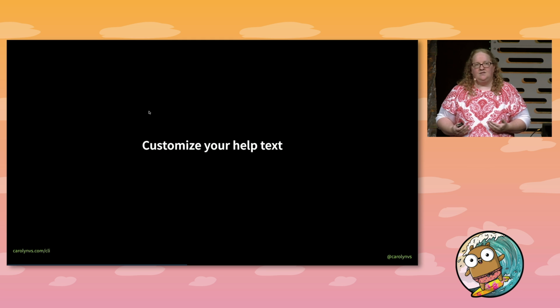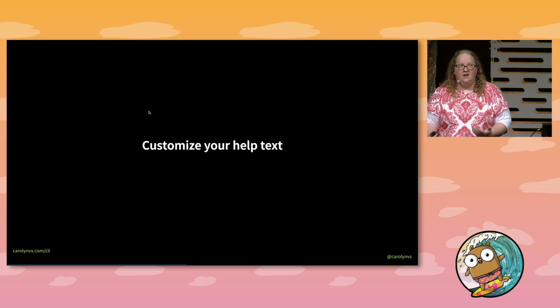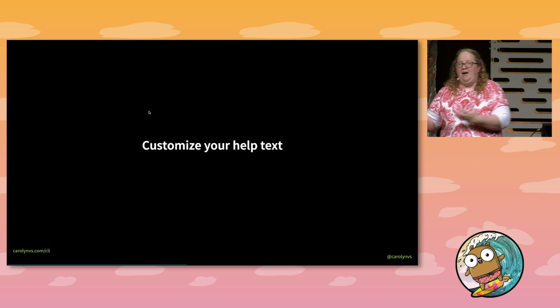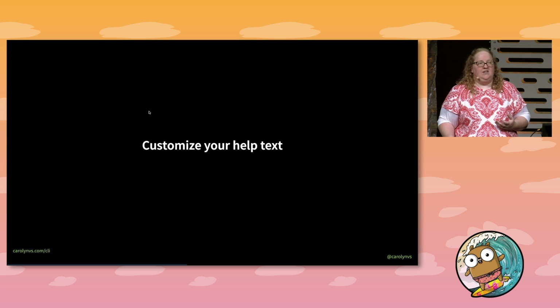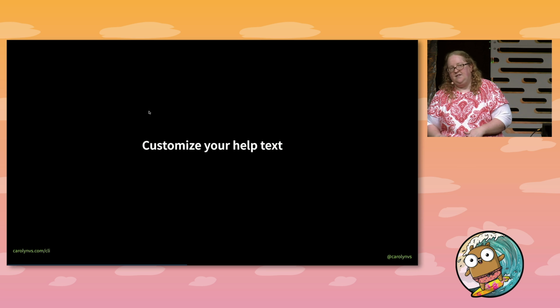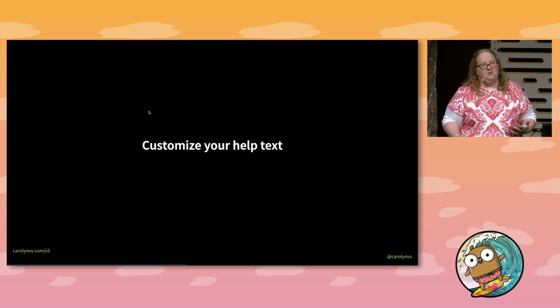How are you going to be successful? What should you really be doing with these commands? Why would you run the command? What should you be passing in as an argument instead of giving like, this is the name, this is the description, this is the title, this is a file. These are not helpful help text values. Give them a little bit more. Go through the trouble of customizing this.